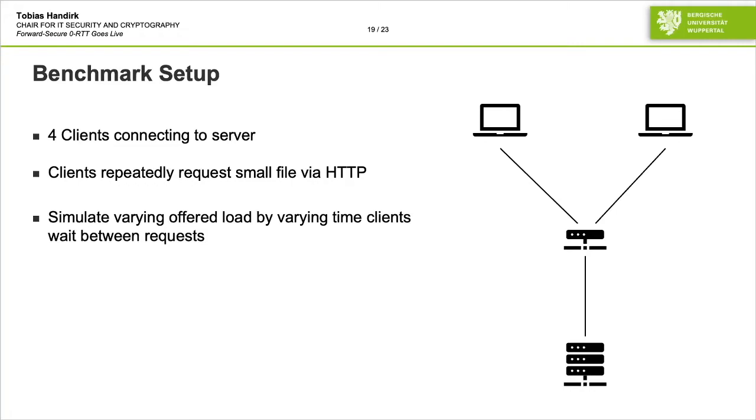The client is disconnected after each request, such that for each request a new key exchange is executed. Although we have a fixed number of client applications running, we are able to simulate different loads on the server by varying the time that clients wait between sending requests. We varied this waiting time from 1 second between each request to no waiting time.